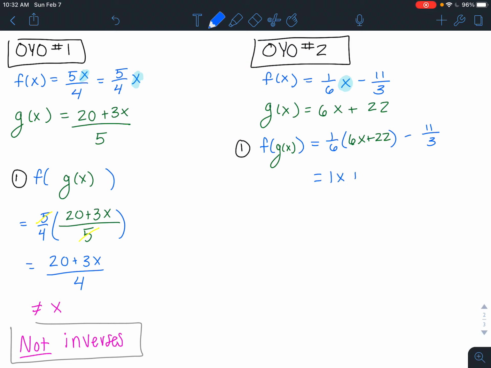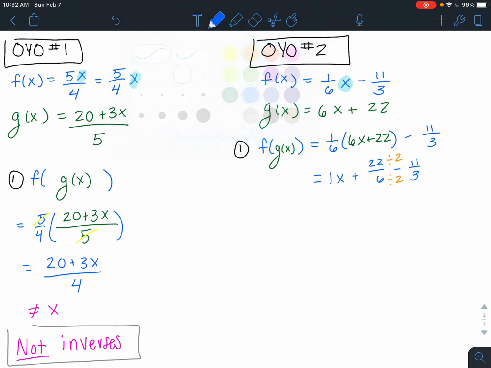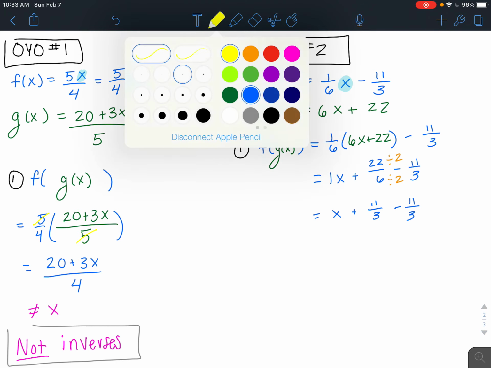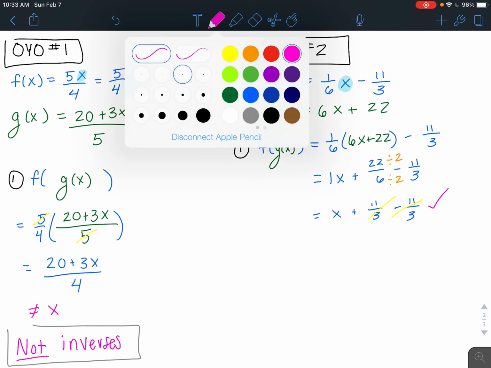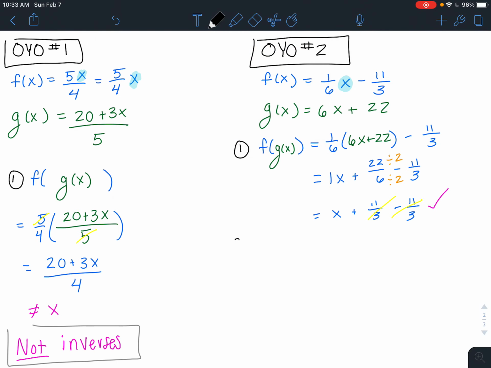So 1/6 of 6x is 1, so I get 1x plus 22 over 6 minus 11/3. And then I can reduce 22 over 6 by 2. So now I have x plus 11 over 3 minus 11 over 3, and those two are going to cancel out, and I'm going to be equal to x.